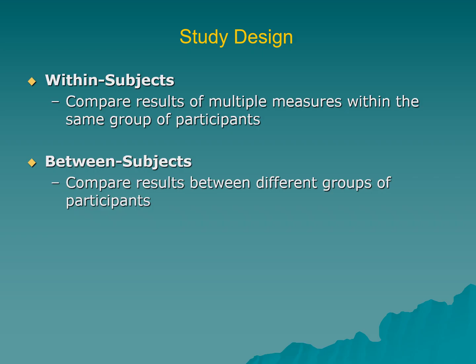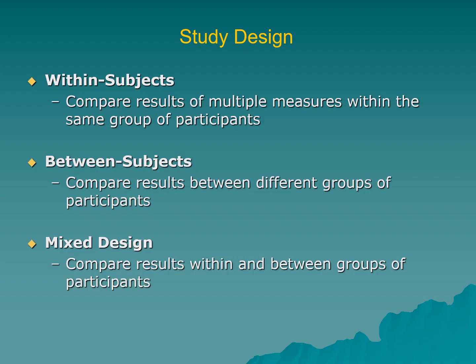The second kind is a between subject study design. This kind of study design usually compares results between different groups of participants. For example, if you conduct a study and you have 2 groups of participants, say American freshmen versus Chinese freshmen, and if you compare results between the 2 groups of participants, that will be a between subject design.